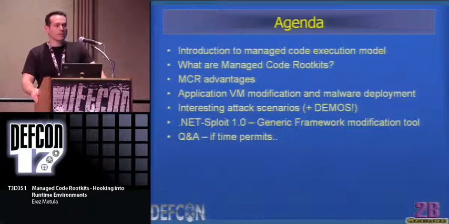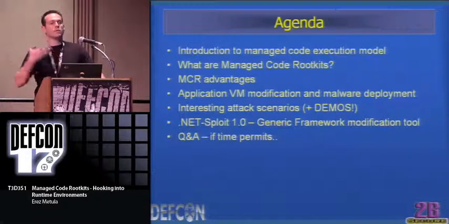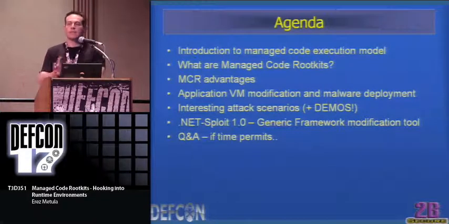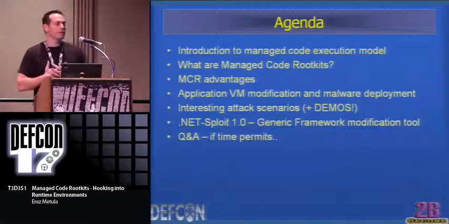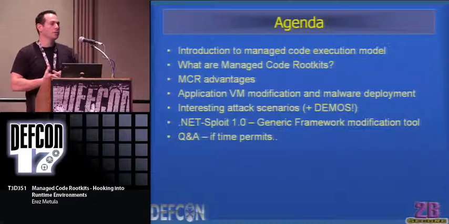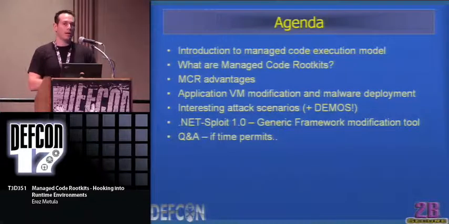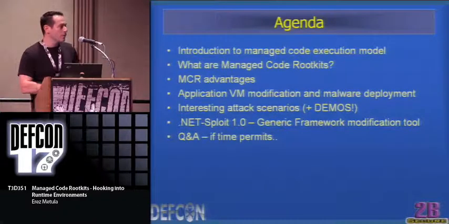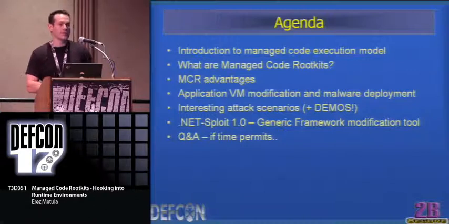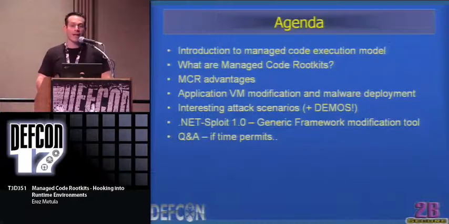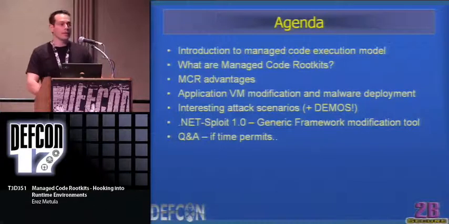But .NET rootkits was just a case study, and people actually thought there was a problem with the .NET framework, and that the concept I was talking about was .NET specific. It wasn't. It was really important to me to show you the general purpose case, so I'm also going to talk about Java rootkits today. I'm taking another language as an example to show you the general case study.